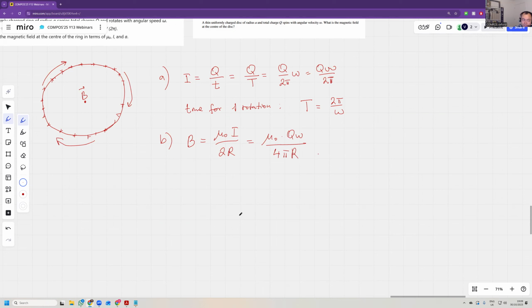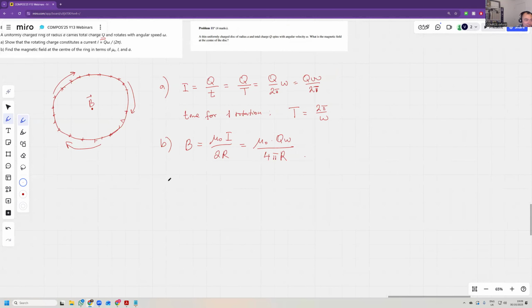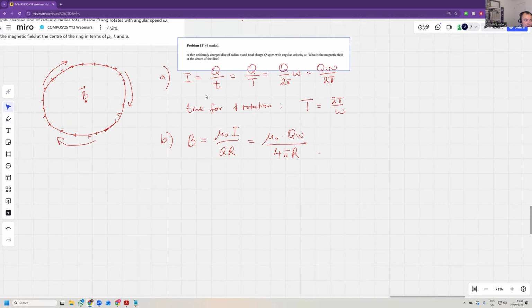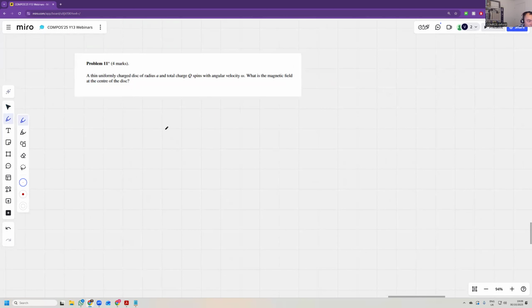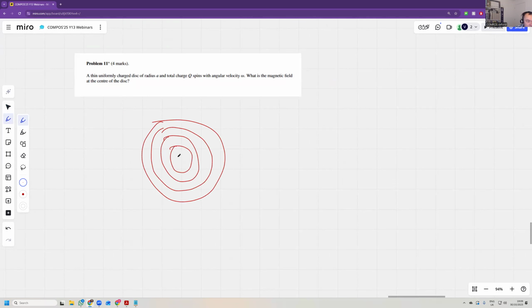And now, to do problem 11, you can think of the disk as made up of multiple rings. Charge on each ring is proportional to the radius.